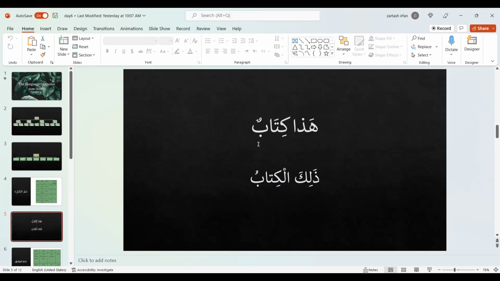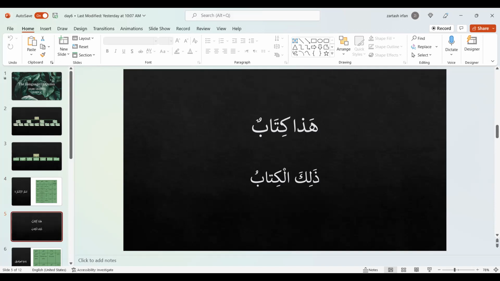As I told you, the default state of nouns is rafa, so we have double dhammas here. Haza kitabun, this is a book, used for objects which are closer to us and singular.